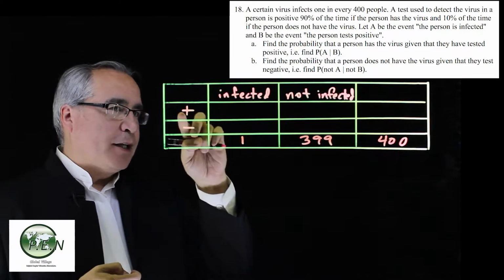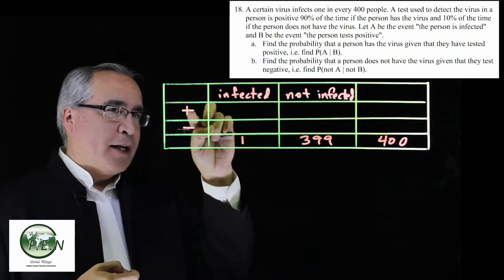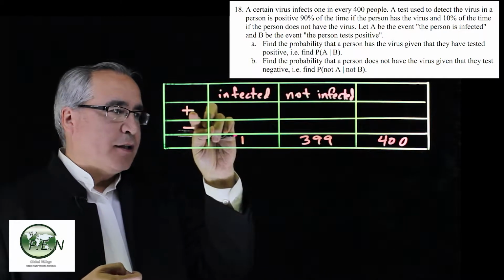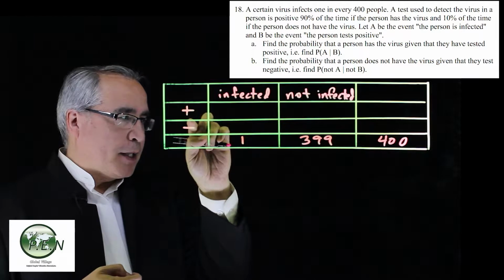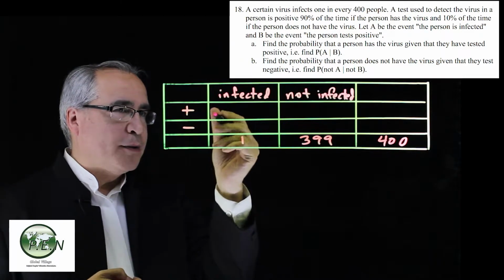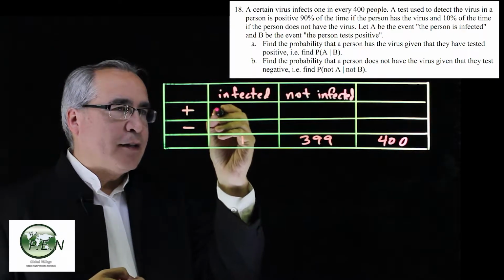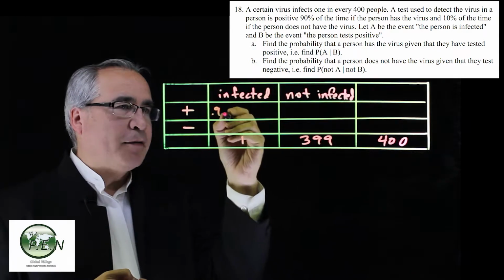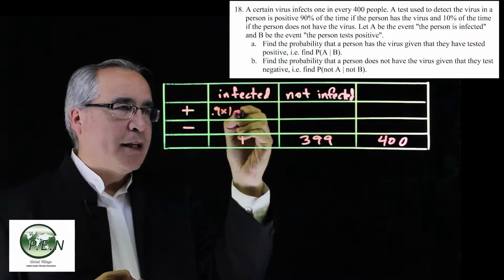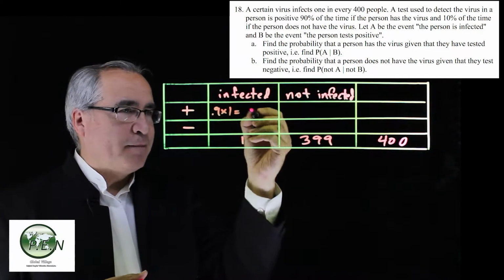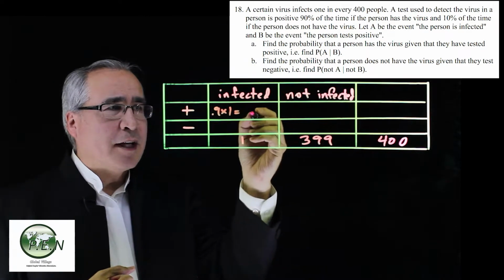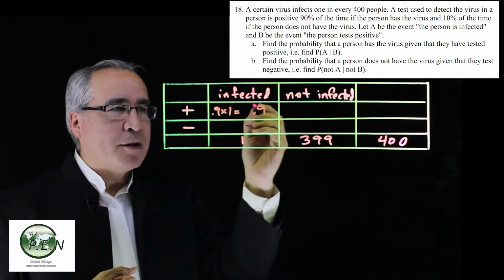Of those infected, 90% will test positive. So what we do is we take this 90% times the number of people, and that gives us a number we're going to work with. This is kind of strange, but it's 0.9 of a person.